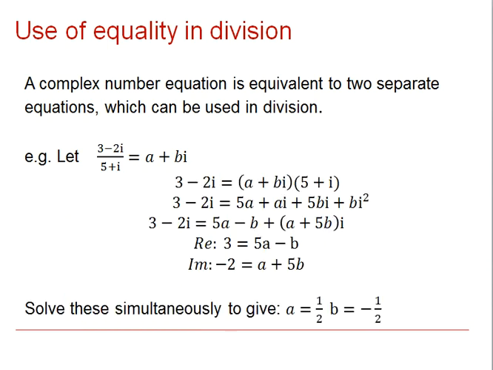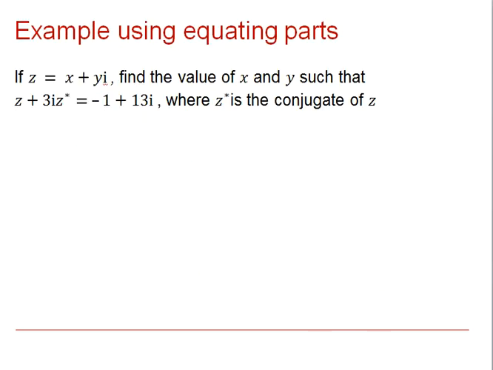We can solve these simultaneously to give us a equals 1/2 and b equals minus a half. I don't know which type of simultaneous equation solutions you like to use, but you can use either substitution or elimination to do this. Equating parts can also be used to solve other types of problems.